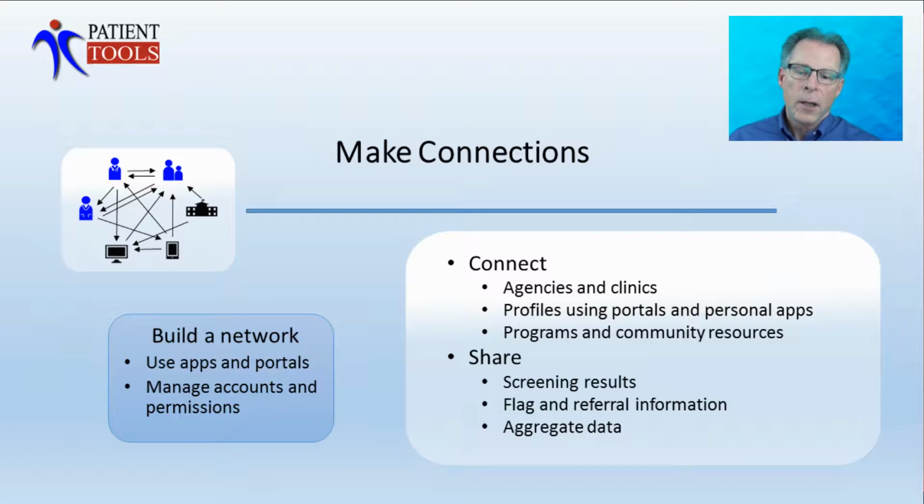And you're also sharing aggregate data. Ultimately, all it comes down to is that you're building a network. You pull down apps, portals, whatever, get accounts set up, and then you connect. You can connect on a profile level or an agency level, and you build things up, so you can start small and grow the system any way that you want.